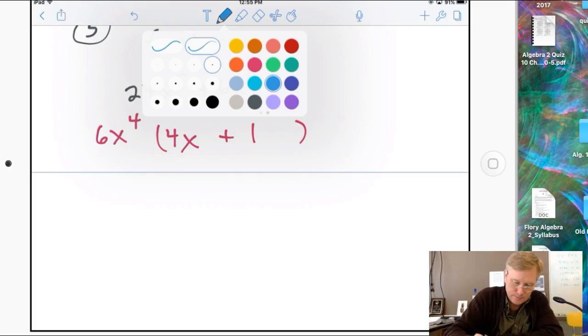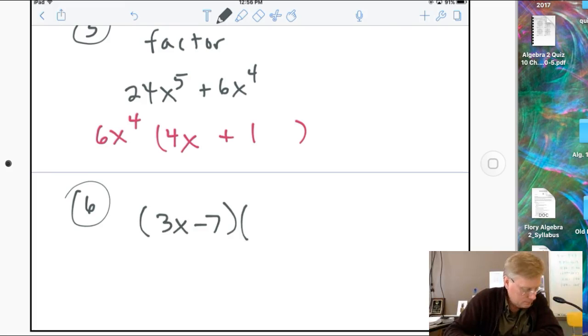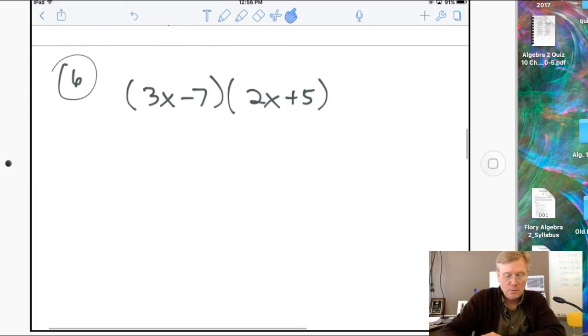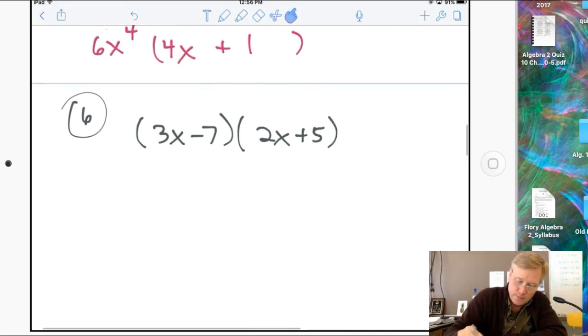Number 6. 3x minus 7 times 2x plus 5. This is a multiplication problem.